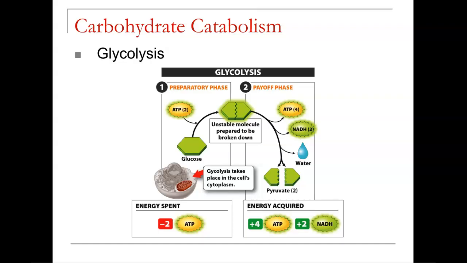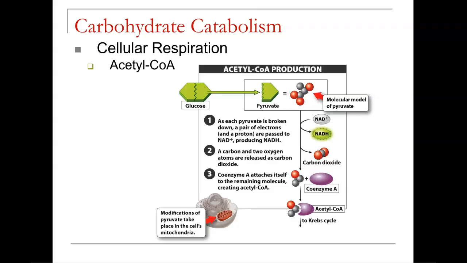So you do spend energy, break glucose, get 2 pyruvates, which are going to be those 2 little green molecules there. You get 4 ATPs, but 2 have to go back, so you're only going to get 2 net ATPs. And then you'll get the NADH, which is the high energy electron carrier. And during this process, you'll see that you do release water.